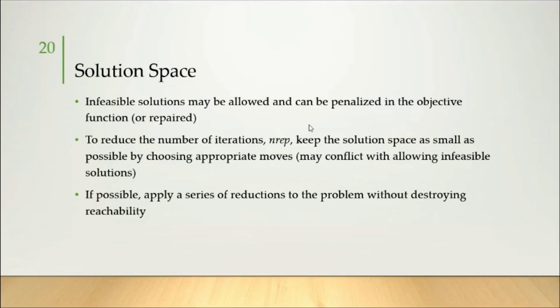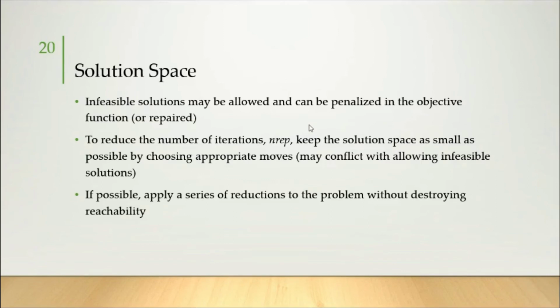For the solution space, when you are creating it, infeasible solutions may be allowed and penalized in the objective function. That is possible, but in most cases we avoid infeasible solutions.